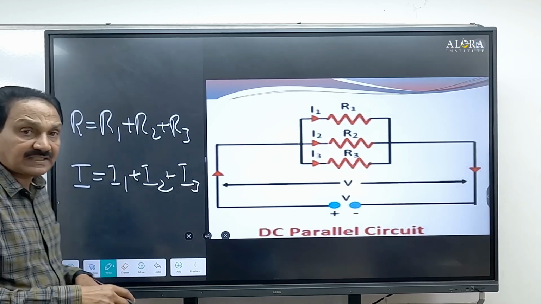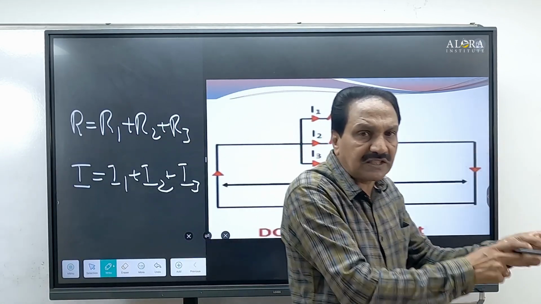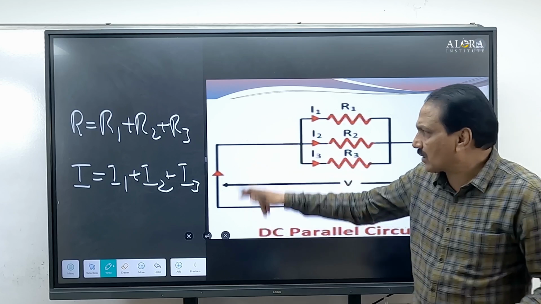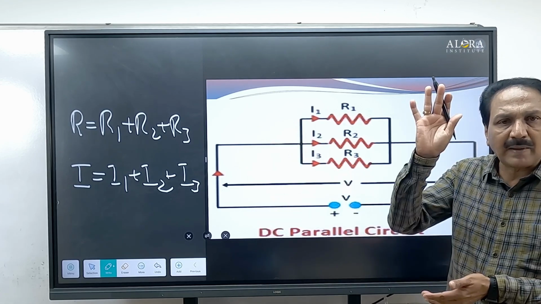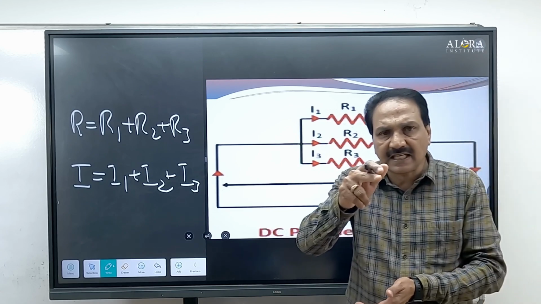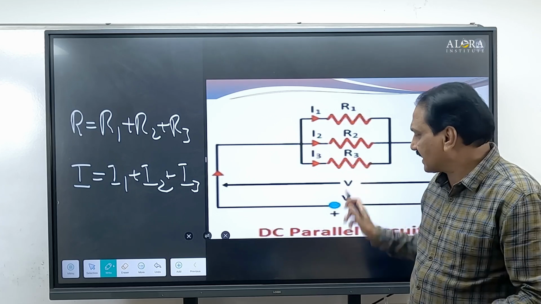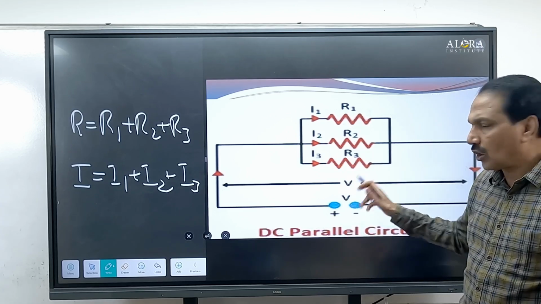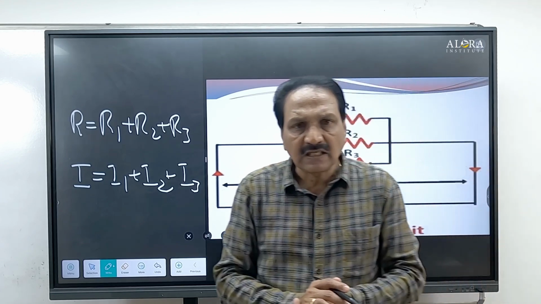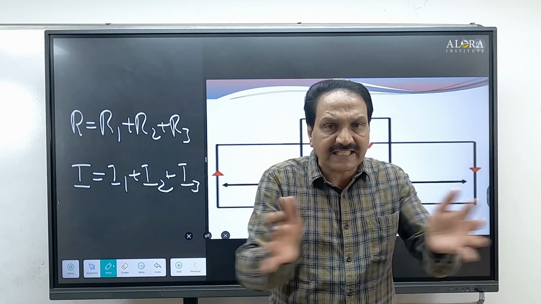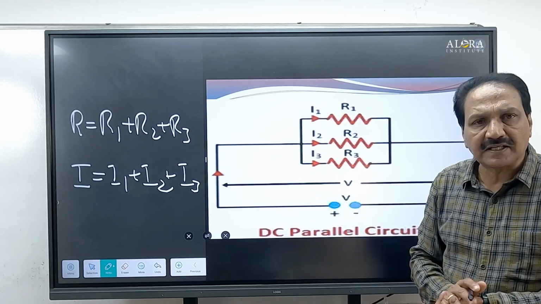Whereas in the previous case, the total voltage V equals V1 plus V2 plus V3, here total current I equals I1 plus I2 plus I3. I will compare both now. In the series connection, current is constant, whereas in the parallel connection, voltage is constant across all three. Second point, in the series connection, potential difference, that is voltage, gets divided, whereas in the parallel connection, currents get divided.